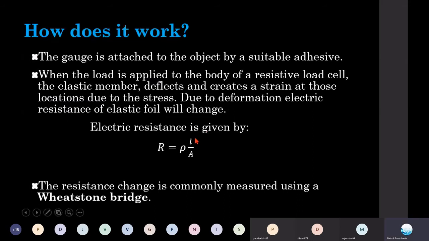Now once you know the change in length, on the reverse side you can calculate the strain. Once you calculate the strain, we have Poisson equations through which you can relate the stress and strain. So once you have an idea about the strain value, you can get the stress value. Once you have found the stress value, stress is ultimately force by area.